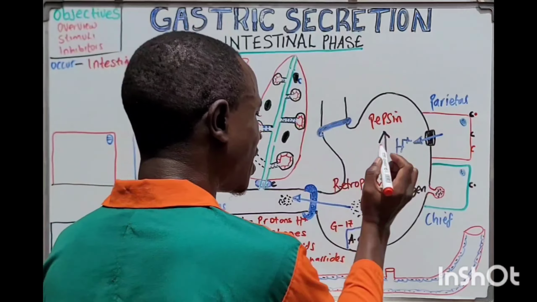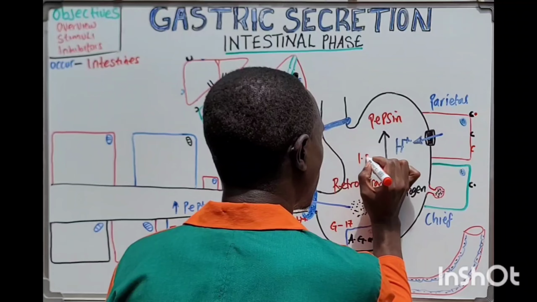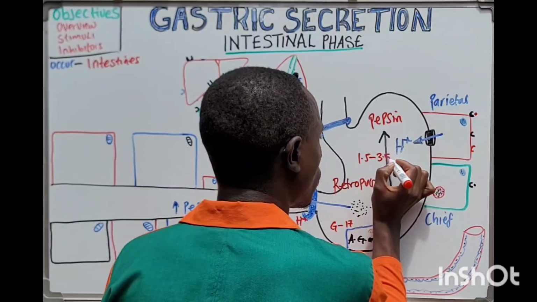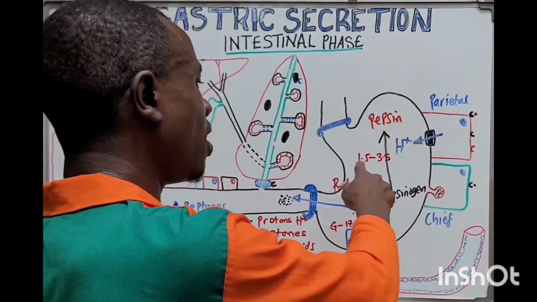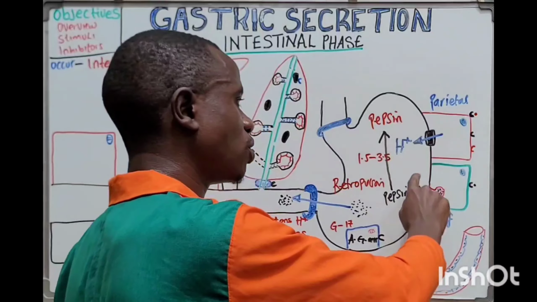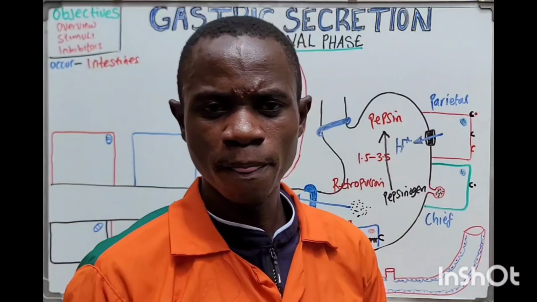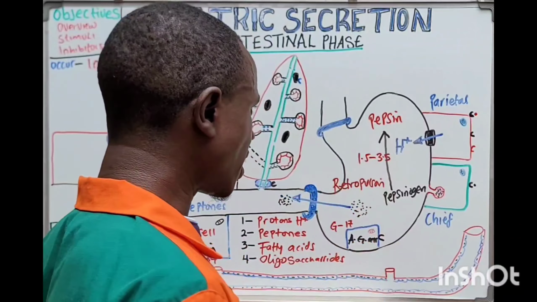So within this pH, we convert pepsinogen into active pepsin, which starts the chemical digestion of proteins. Such a beautiful thing.